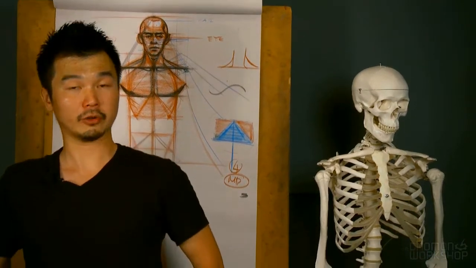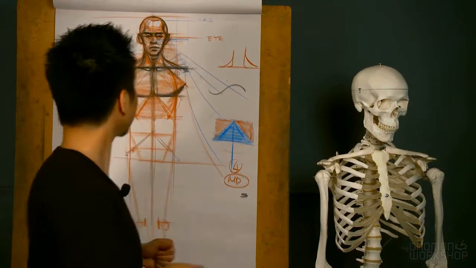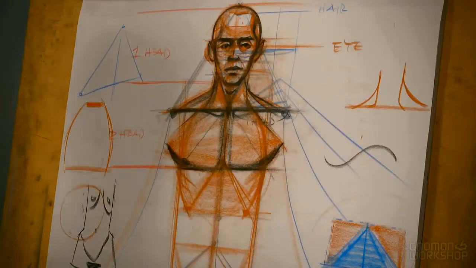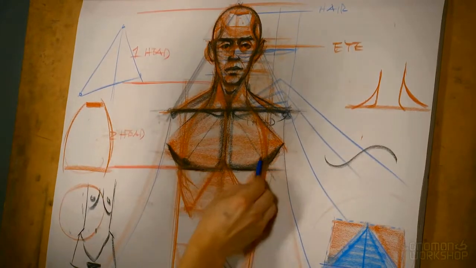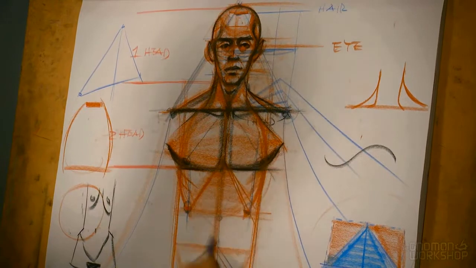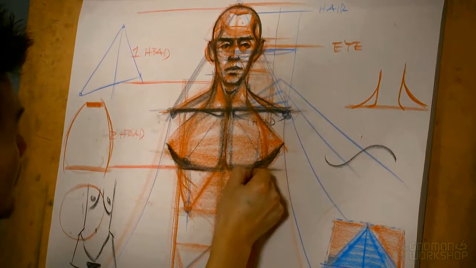You want to create a more heroic proportion, expand that chest, bring it up. The other thing I want you to look at is how the nipple aligns with the corner of the rib cage. Well, I can probably move this one over a little bit. Right here.